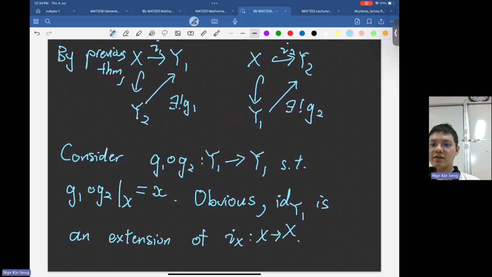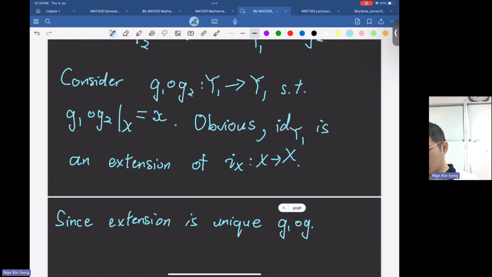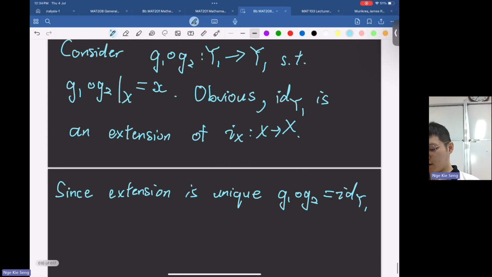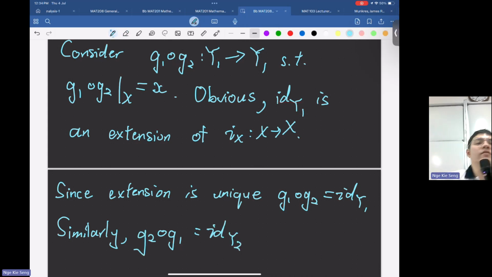Since the extension is unique, G1 composed with G2 should be the identity. And the other way is true also. Similarly, G2 on G1 is the identity on Y2. So they are inverses of each other.